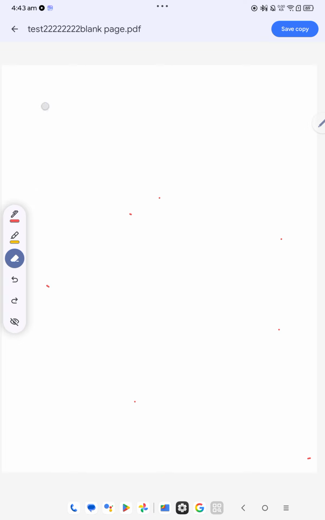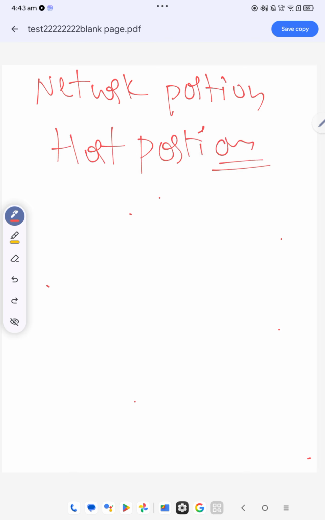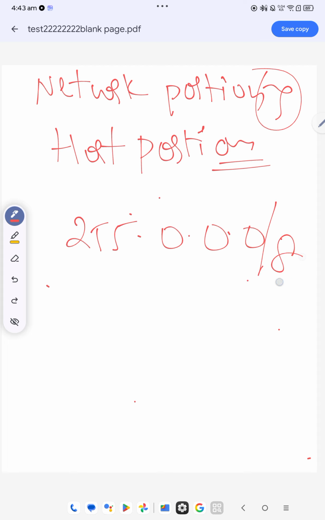Let's discuss some topics: network portion and host portion. For example, the network portion identifies this as a LAN. For example, 255.0.0.0 by 8. Let's say it is given to you as your network.